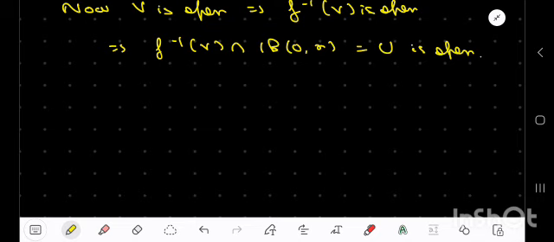Now all we are left to show is that f inverse is differentiable.